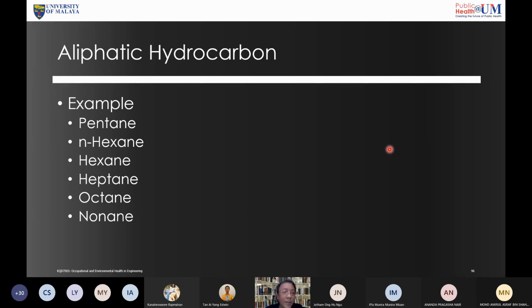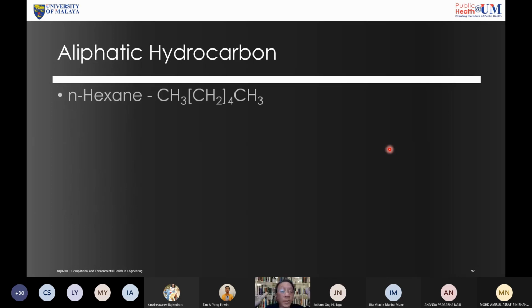It all depends on how many carbon atoms there are. Pentane is 5 carbon atoms, hexane is 6, heptane is 7, octane is 8, and nonane is 9 carbon atoms that form the chemical.